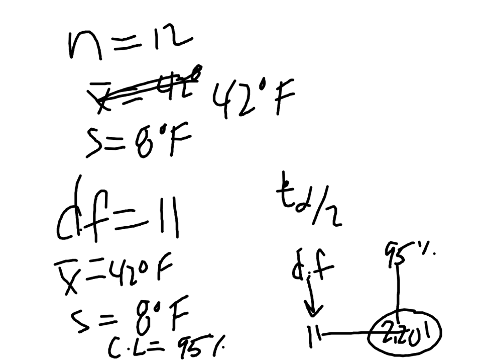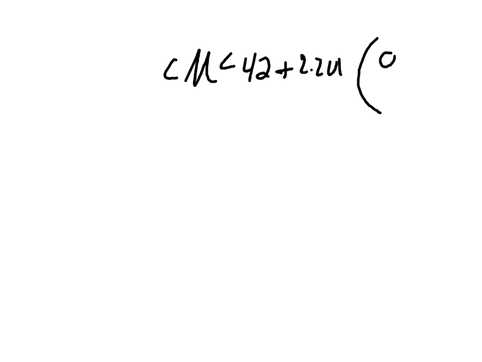Okay, so we've got everything we need to set up our confidence interval here. We believe that the true mean temperature on Thanksgiving Day will lie between our sample mean of 42 plus T sub alpha over 2, which recall we found was 2.201, times our sample standard deviation divided by the root of our sample size.